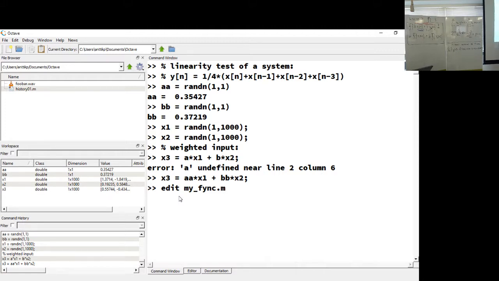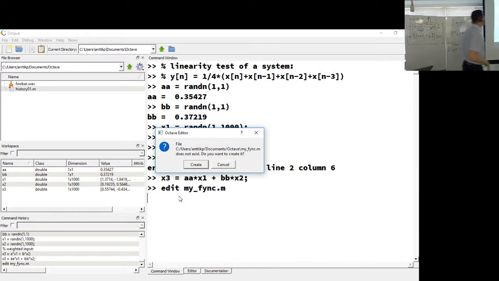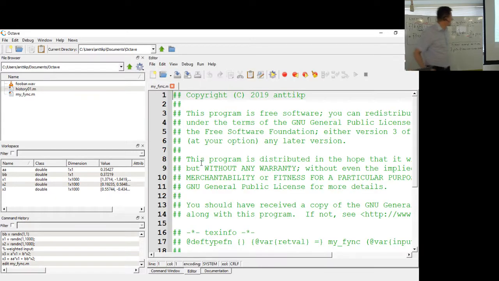So basically, just figure out a reasonable name for the function and then just press enter. File does not exist. Do you want to create it? Yes, create. And it opens here. Lots of text already there.